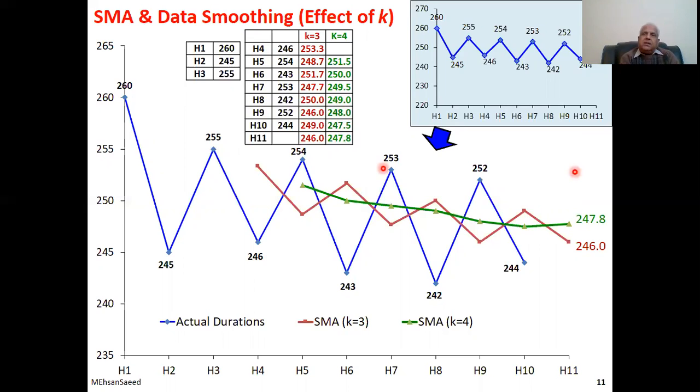Now, some very interesting conclusions can be drawn looking at this graph. First of all, if you compare green, k is equal to 4, with this red or brown, which is k is equal to 3, you find there is more smoothing with k is equal to 4. So the conclusion to draw is that as you increase the value of k, smoothing increases.